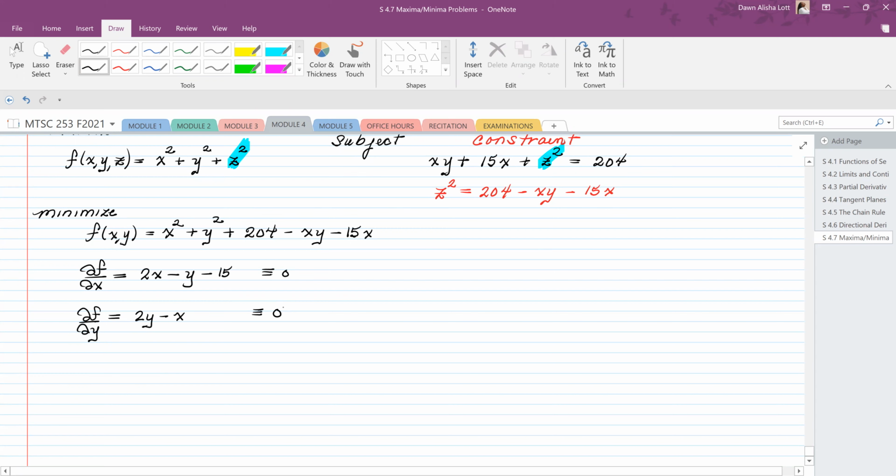And when you set them equal to 0, from this equation I get x is 2y.